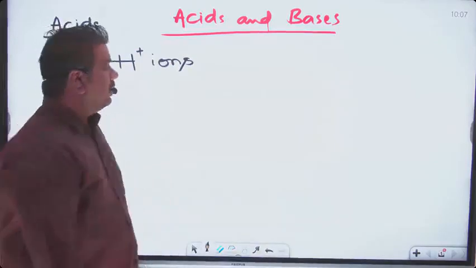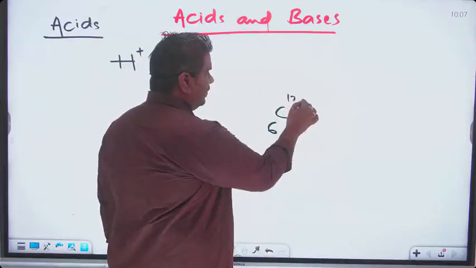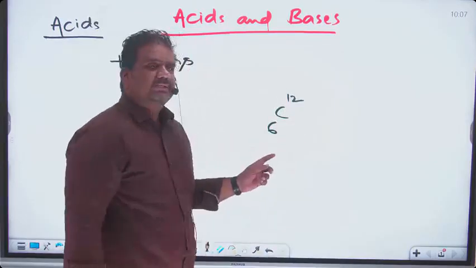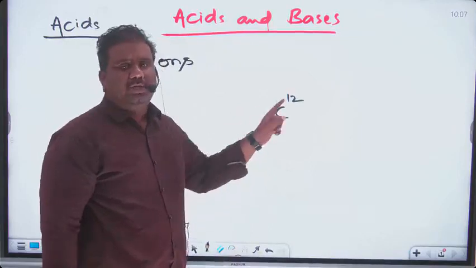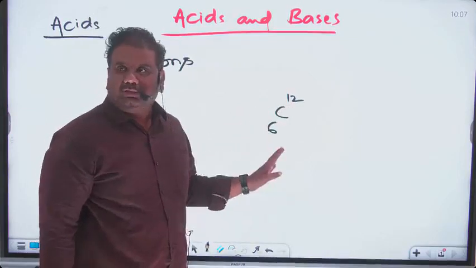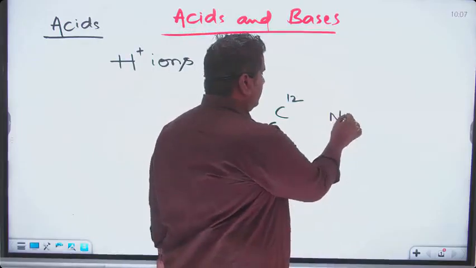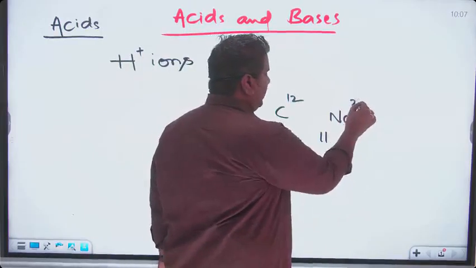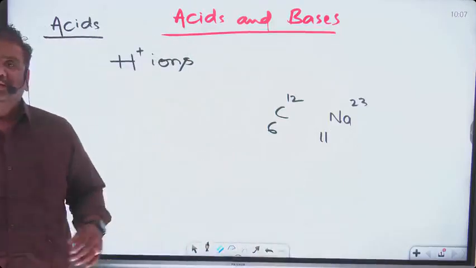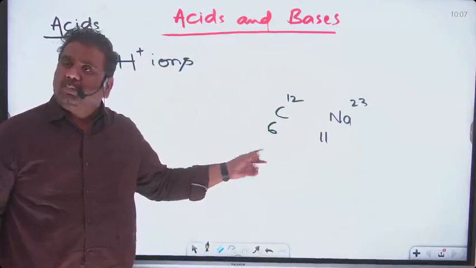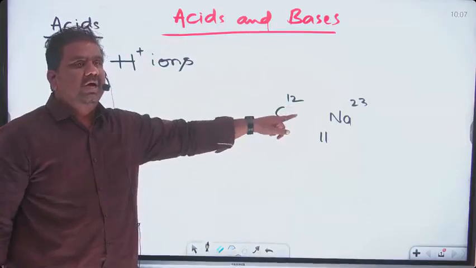For example, carbon is C 6 12. Here the electron number, proton number and neutron number are all equal to 6. Now take sodium 11 23. Here, how many electrons and protons are there? 11. But the number of neutrons is equal to 12.